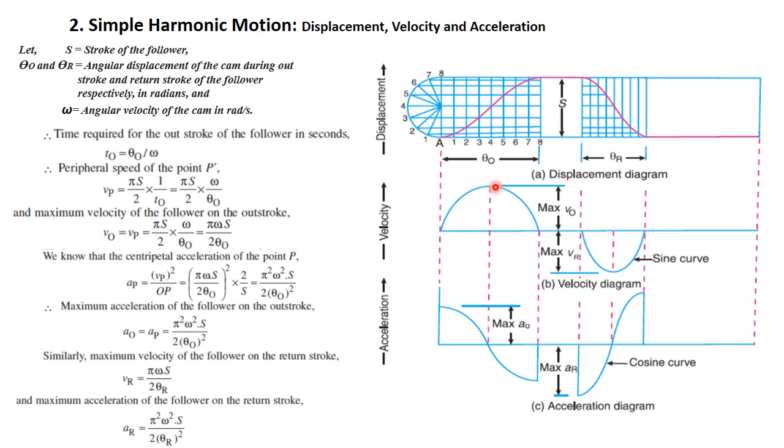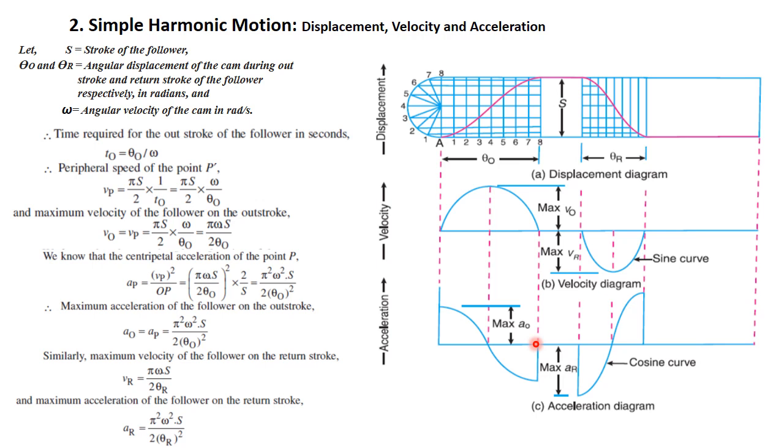So here we can see the curve is quite straight, horizontal. When the velocity curve is horizontal, the acceleration becomes 0. So the acceleration at the beginning is highest. Here we see that the acceleration is very high at the initial position. Then acceleration decreases to 0, and then again acceleration increases at the end when it stops, and then suddenly this drops to 0.